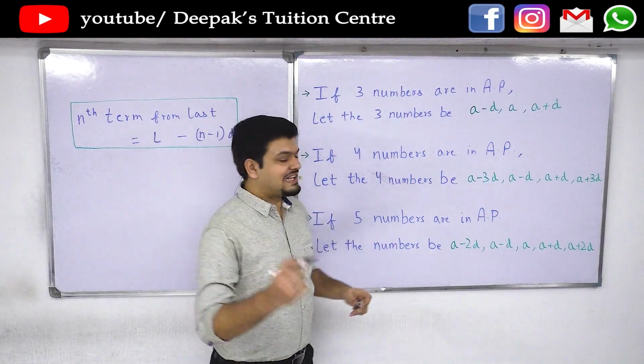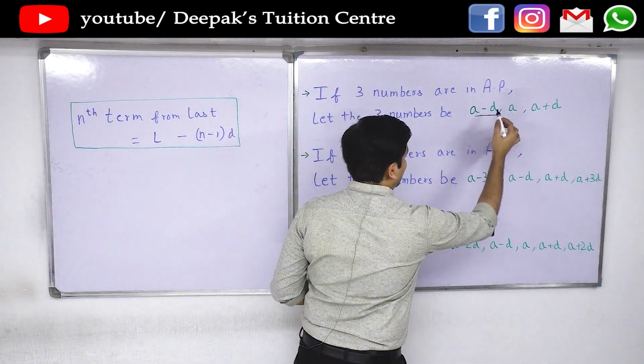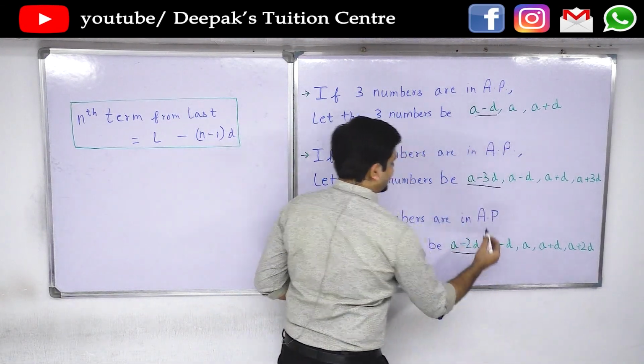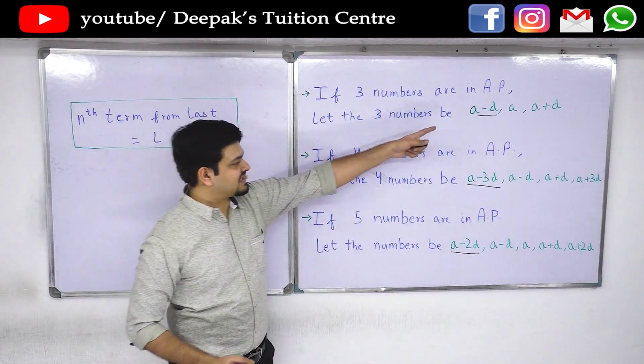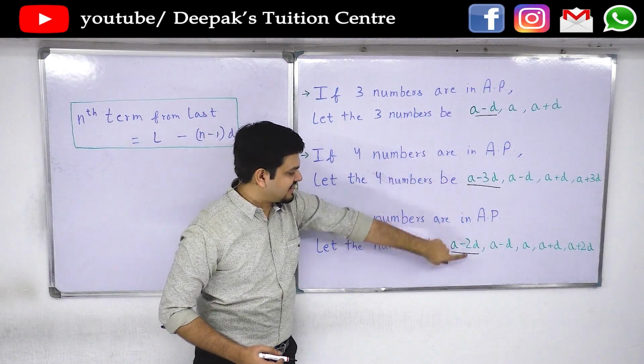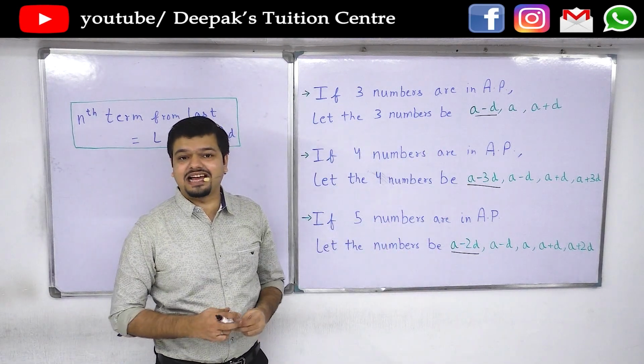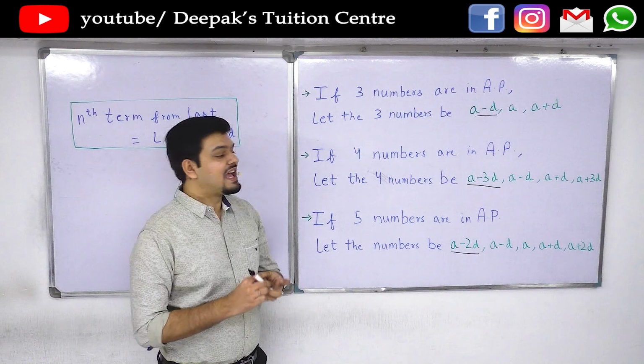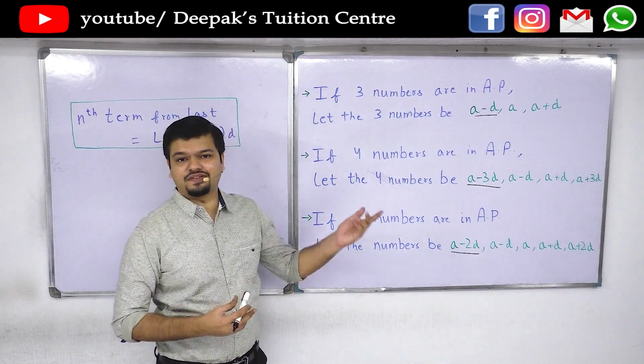Also observe that here A and D are not the standard first term and common difference, because the first term in every sequence is A minus D, A minus 3D, A minus 2D. It is different from A. A is not the first term. Also, D is not the common difference in all.